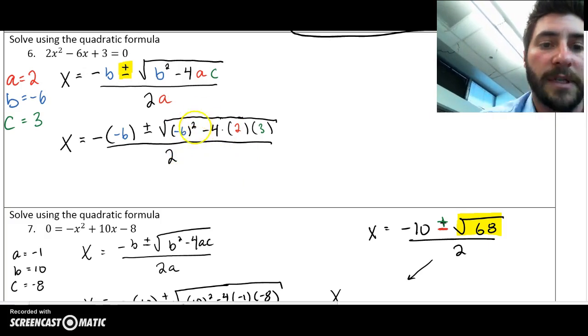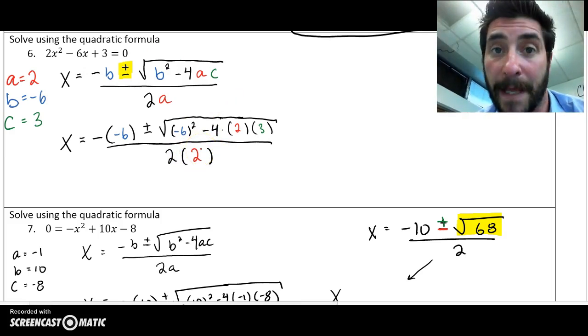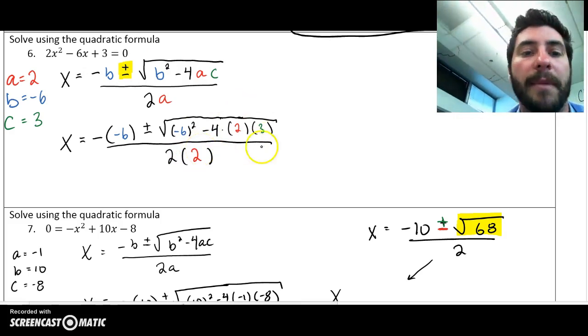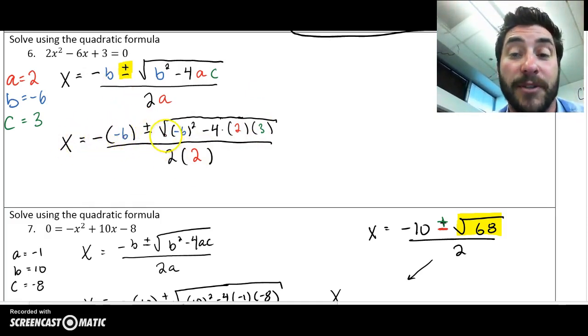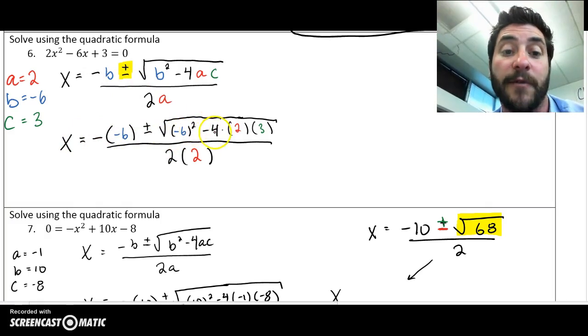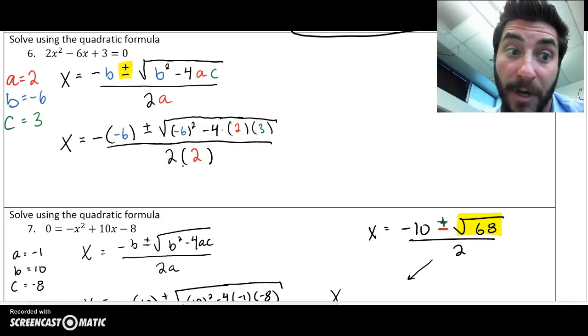Use parentheses, please. Thank you. Now that I've got that, x equals negative b plus or minus the square root of b squared minus 4ac all over 2a. I got it all, man. It's there. Boom. Check it.